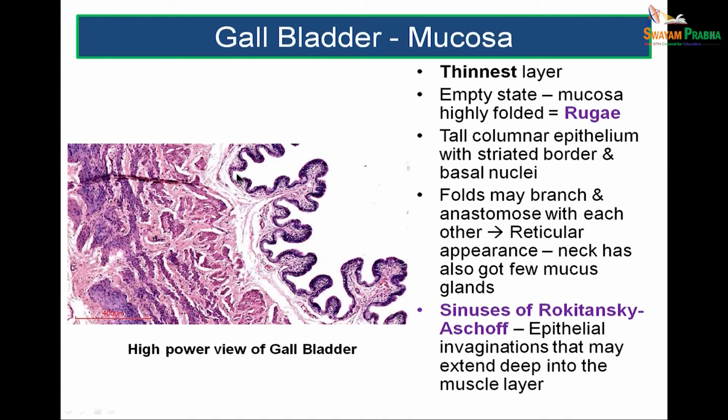The lining is a simple columnar epithelium with a brush border, and the folds can branch and anastomose with each other. There is something called sinuses of Rokitansky and Aschoff. These are invaginations of the epithelium into the underlying muscularis. When there is excessive folding, the folding can even extend into the muscularis.